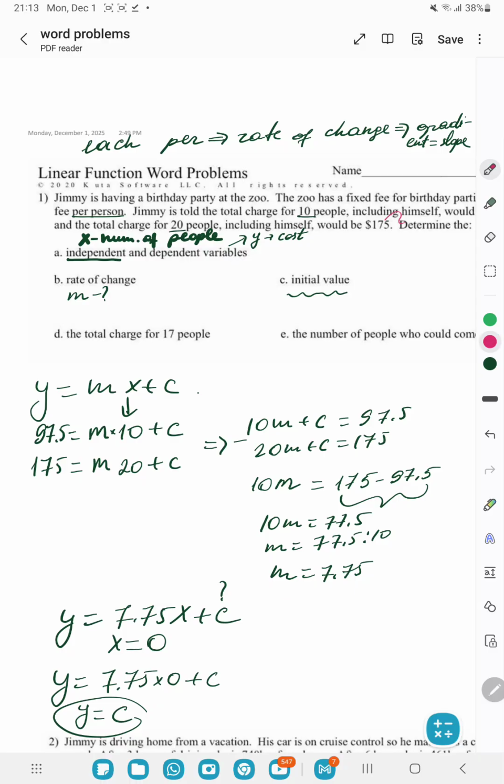For example, here we have 175 and 20, right? All right, let's plug in x equals 20 and y equals 175 and find c. So 175 equals 7.75 times 20 plus c.